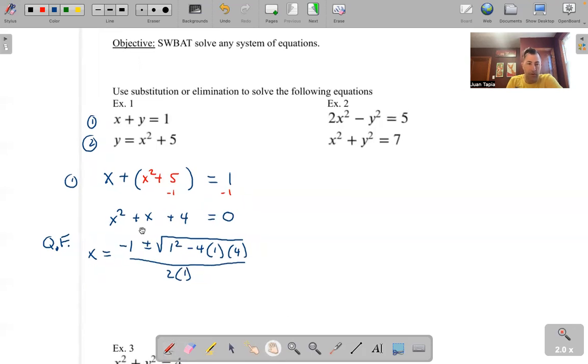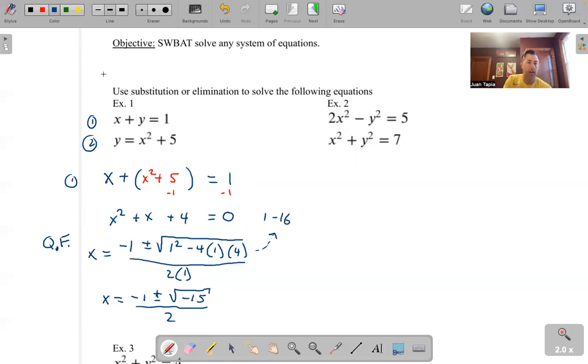So I don't have to go too far into this, and hopefully you realize we're going to get negative 1 plus or minus. Let's focus inside that square root. It's going to be 1 minus 4 times 1 times 4, which is 16. That's going to be negative 15.